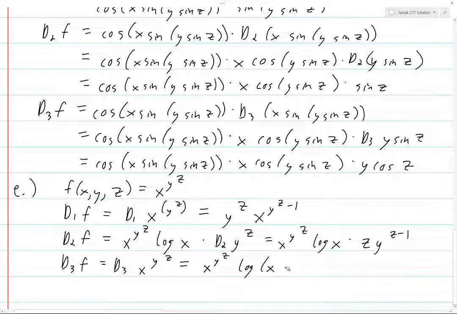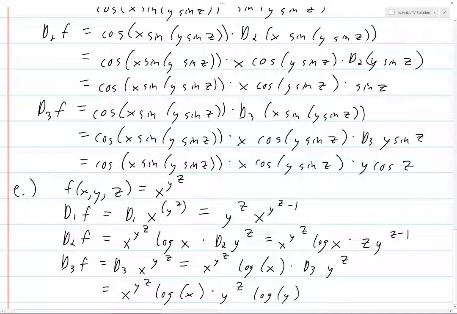That should just be log of x times d3 of y to the z, and so this is going to be like the previous example, but the final step is going to be different. So instead of z minus 1, we're going to end up with y to the z times natural log of y. So there we go. So that's that.